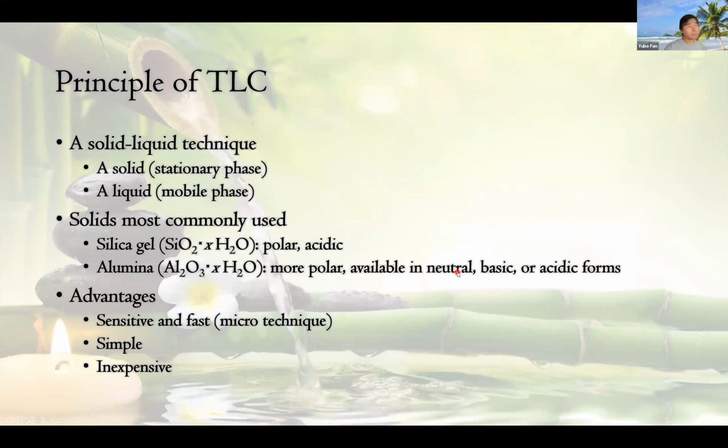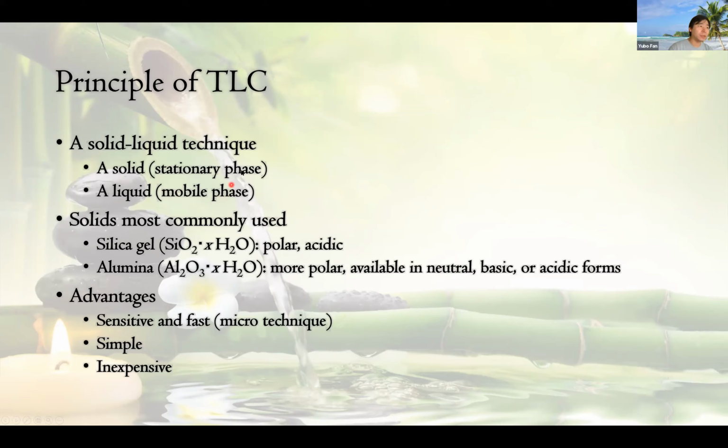Here I just want to talk about some principles about TLC. There are 2 phases, basically. One is the stationary phase, the other is the mobile phase. The mobile phase is basically the solvent, an organic solvent.